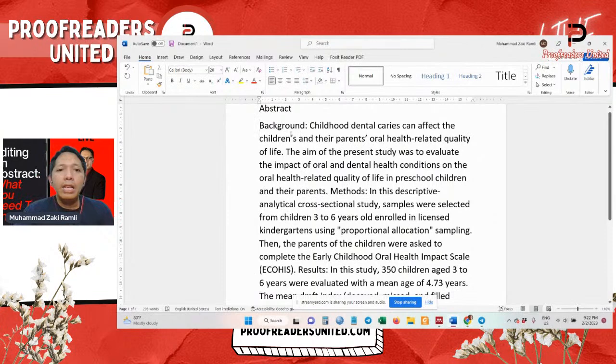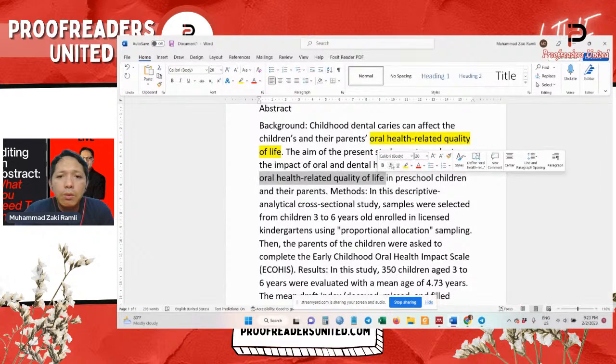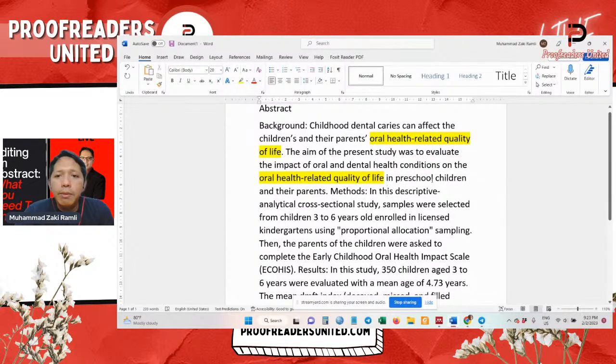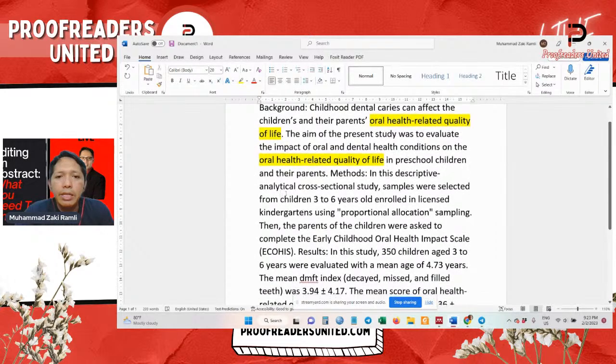As for background, childhood dental caries can affect the children's and their parents' oral health related quality of life. The aim of the present study was to evaluate the impact of oral and dental health conditions on the oral health related quality of life in preschool children and their parents.